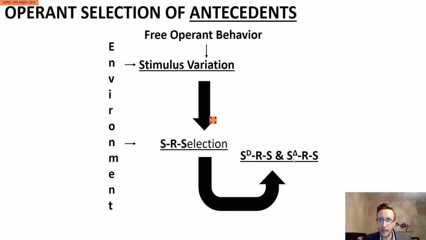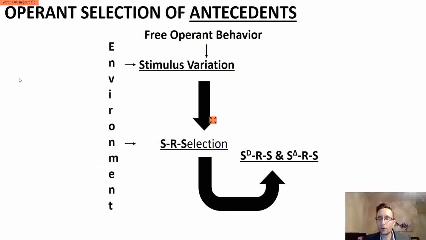And the antecedent stimulus correlated with the unavailability of the consequence typically produced by the behavior becomes something called an S delta. So S delta is a stimulus in the presence of which, if the response occurs, it won't produce the consequence. And from this point on, let's focus on reinforcement.